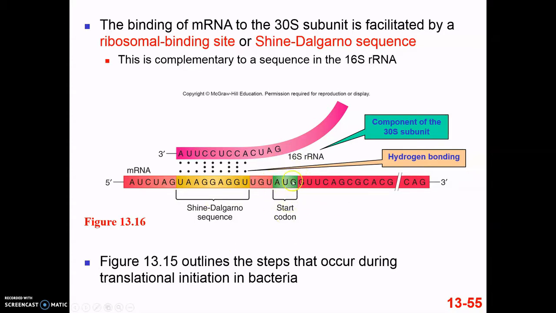So in bacteria, messenger RNAs, when you have a start codon, will always have this Shine-Dalgarno sequence up above it. The 16S rRNA is complementary to that. So the messenger RNA is directly binding one of the rRNAs in the 30S subunit.